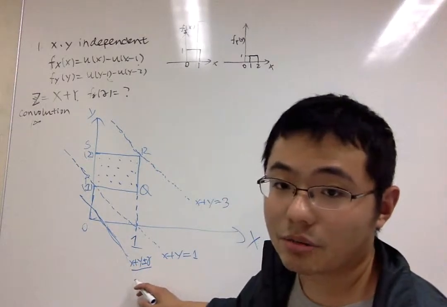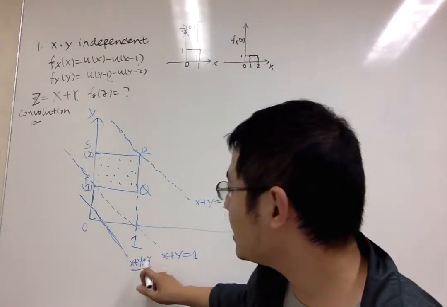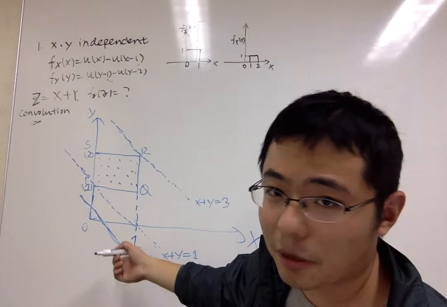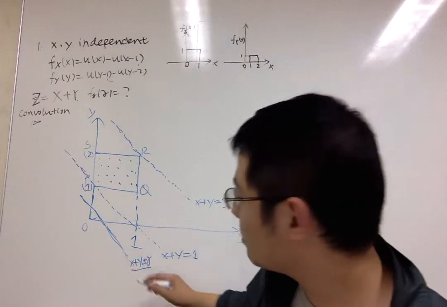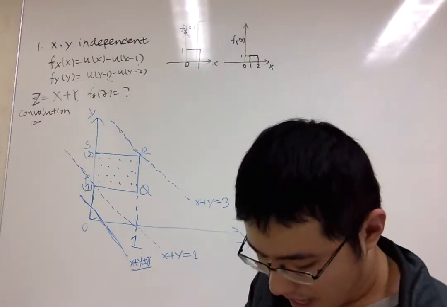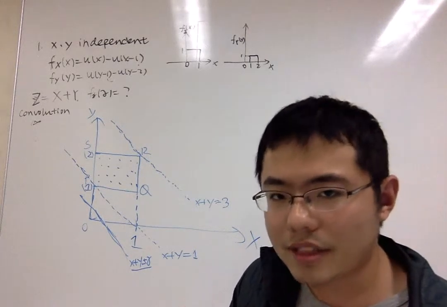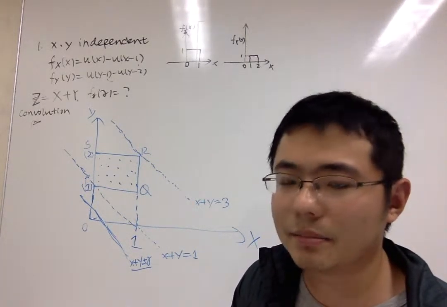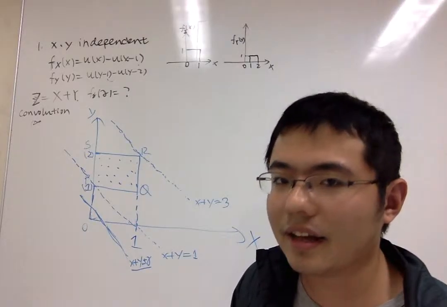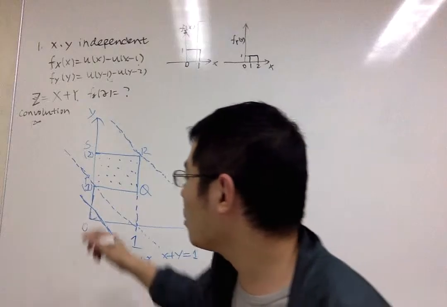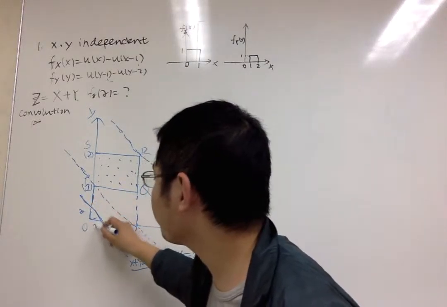When x plus y equals z, it has a slope of -1, and the intercept. Well, it's very important. The intercept of the straight line on both the x-axis and y-axis are all z.